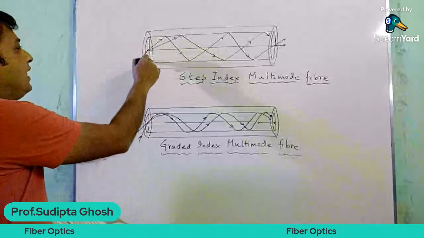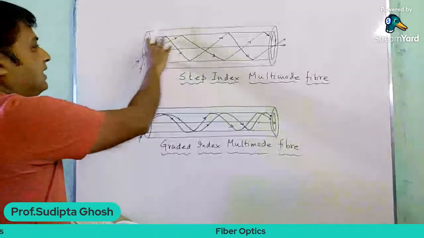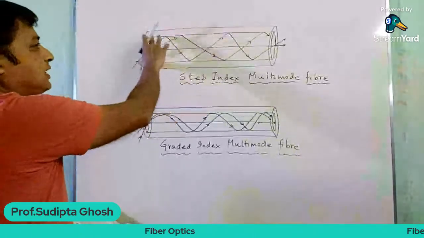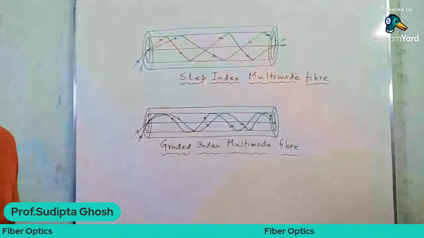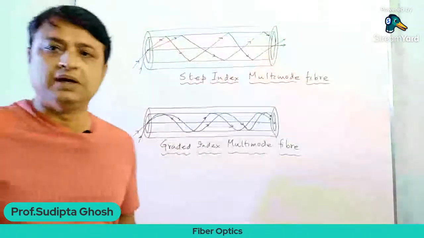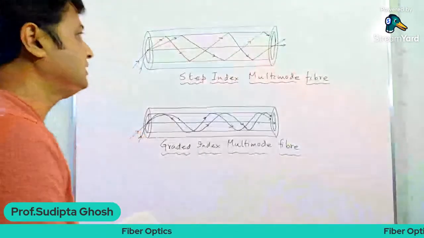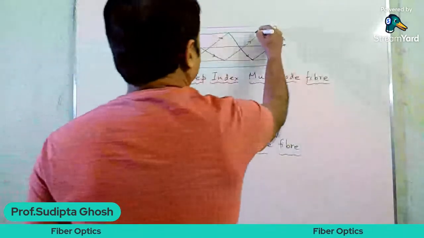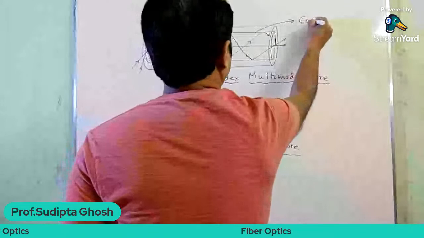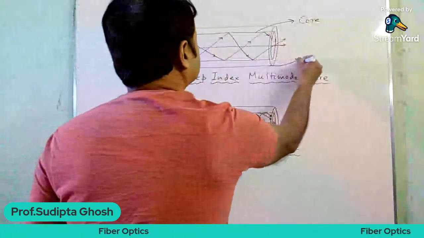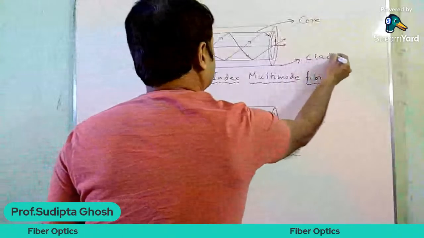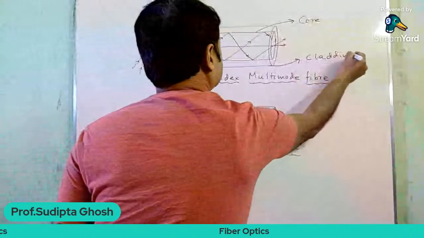Here you will find an inner cylinder and an outer cylinder. The inner cylinder is known as the core of the fiber, and the outermost cylinder is known as the cladding.